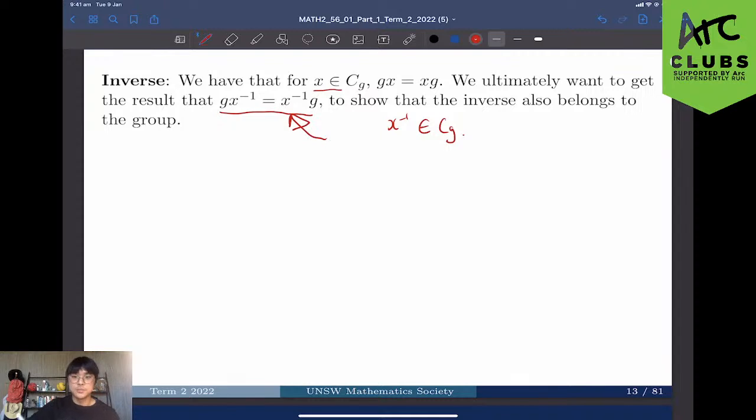So this statement must be true. To prove this is true, we're going to start with this piece of information and multiply and alter this equation to try to get this equation.